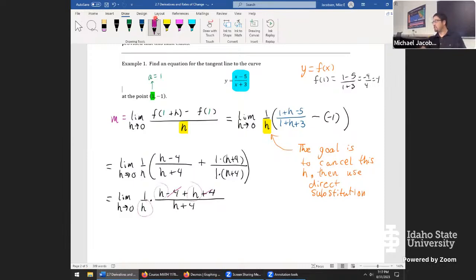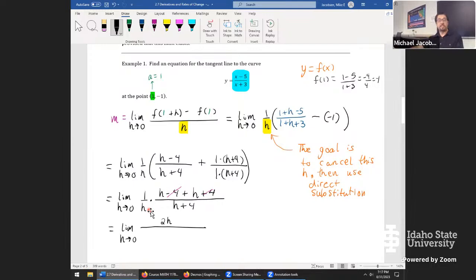And if you're not too uncomfortable, you could do all of your cancellations right at this stage. But that becomes kind of unreadable, so I'll usually take extra steps for the notes. This is now the limit as h goes to 0 of, across the numerator, just 2h.